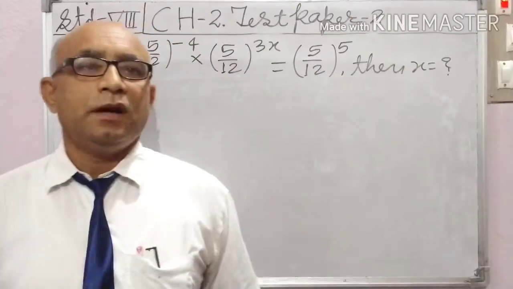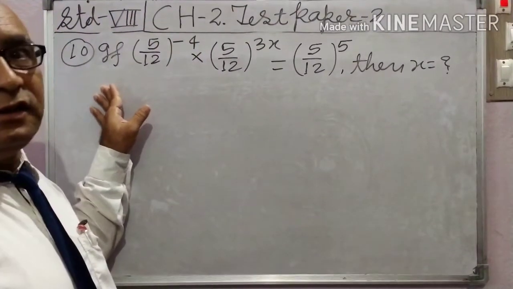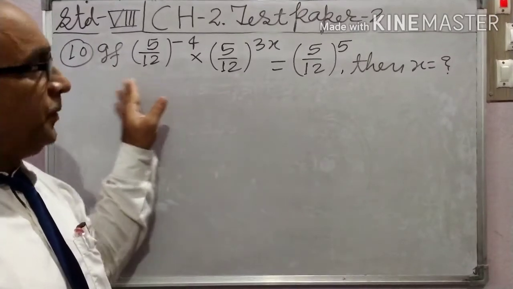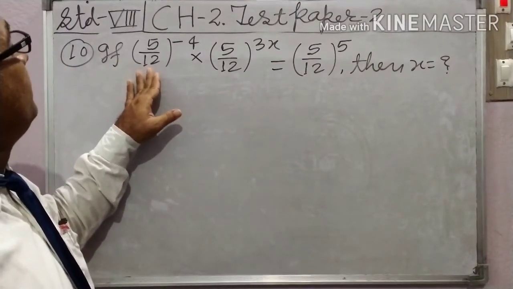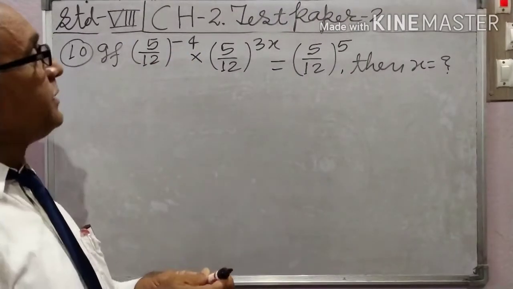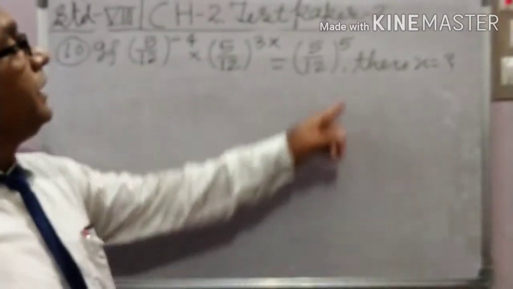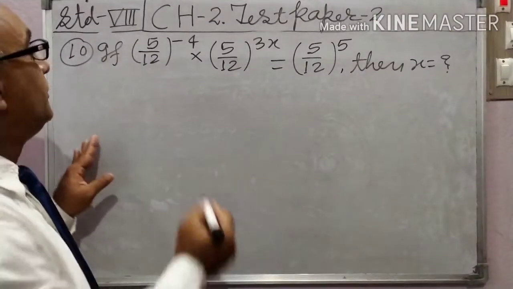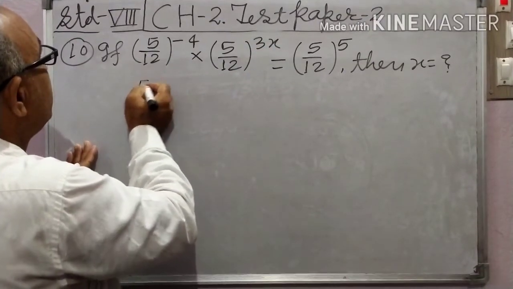Write it. Students, next question is question number 10. It is a very important question of test paper 2. If 5/12 to the power minus 4 into 5/12 to the power 3x equals 5/12 to the power 5, then x equals. Here find the value of x. So write it.